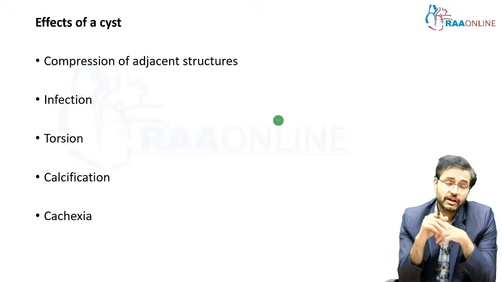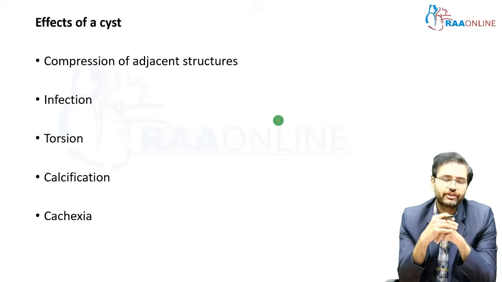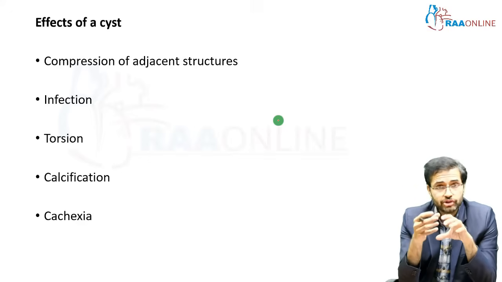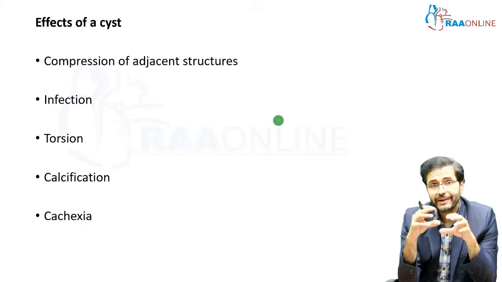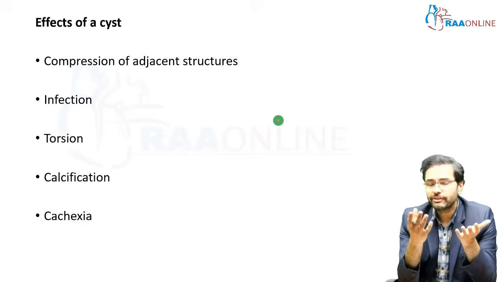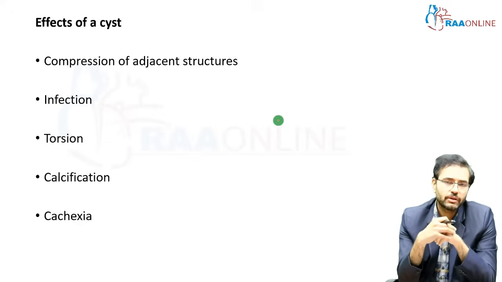Infection. A cyst can actually present itself as an abscess because of secondary infection. Torsion. A cyst can undergo torsion, especially if it arises from a pedunculated structure, for example the ovaries. An ovarian cyst predisposing to torsion is a common phenomenon. Calcification can occur in a cyst.